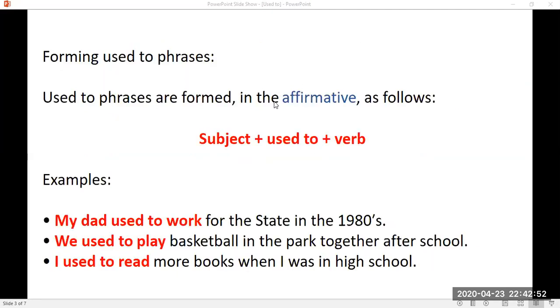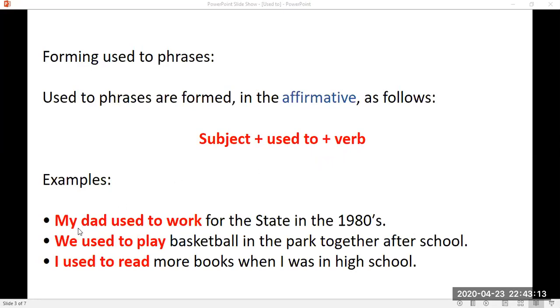So for an affirmative statement, we start with the subject, then used to, then the verb. And the verb should be an infinitive verb, or verb one, if you like.